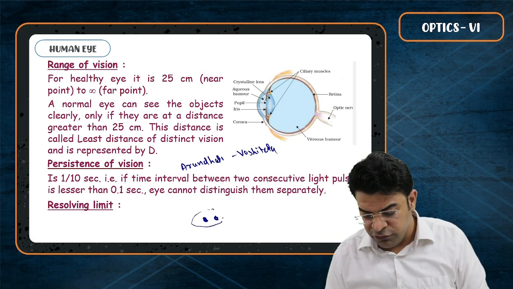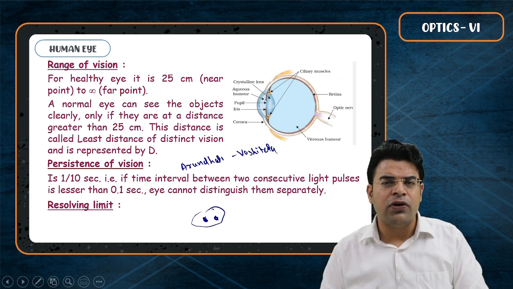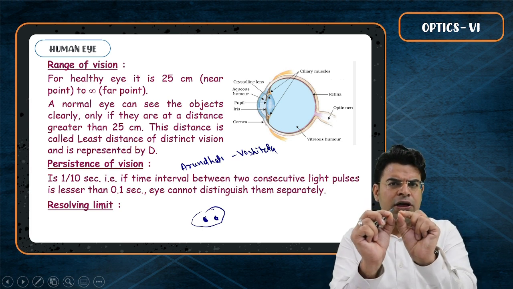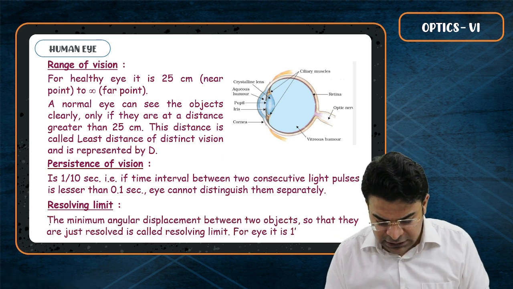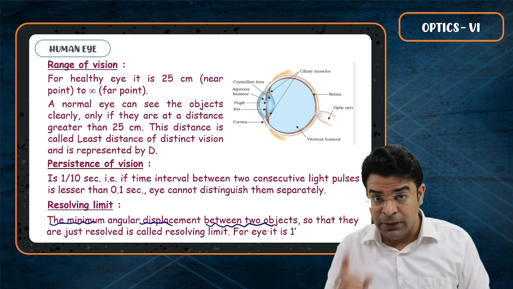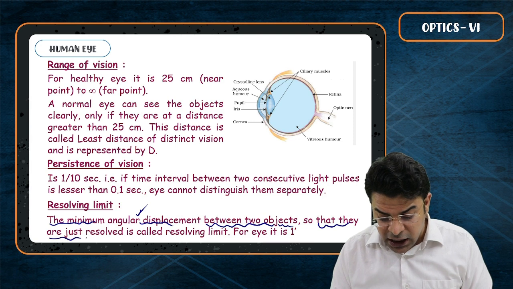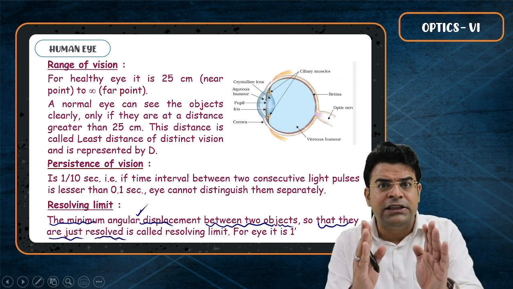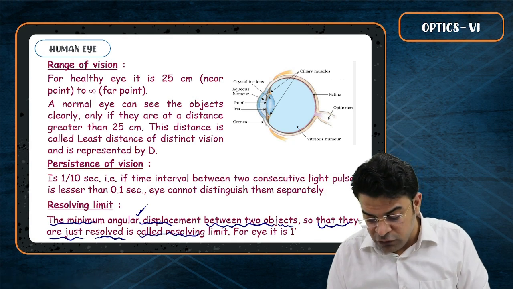And this pair of stars, when seen from Earth, appears to be a single star. Why? Because when two things are very close by, our eyes can't separate them independently. So understand that the minimum angular displacement between two objects, so that they are just resolved, so that our eyes see them as two distinct objects, is called the resolving limit.